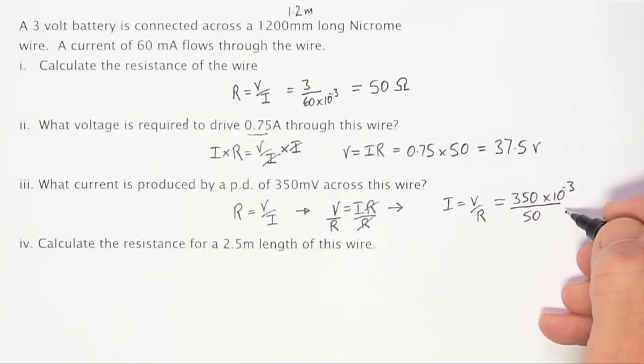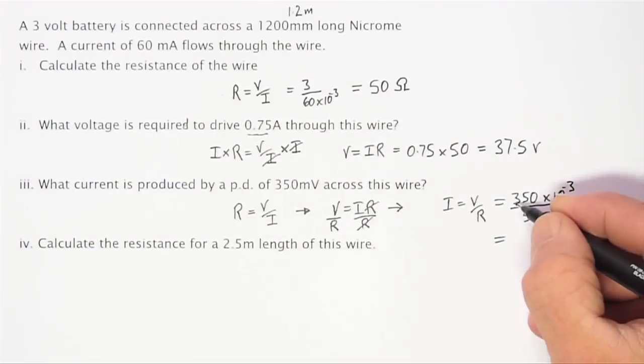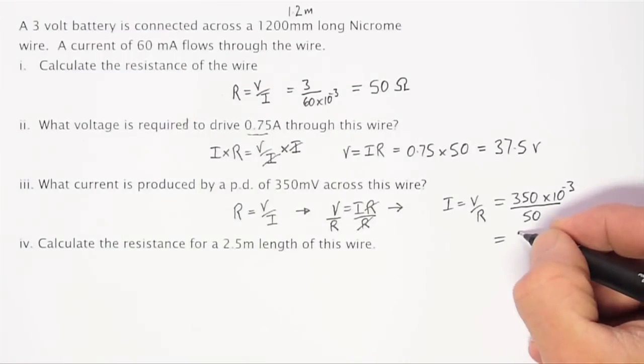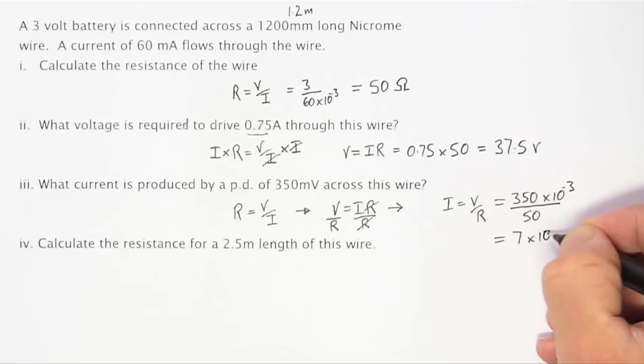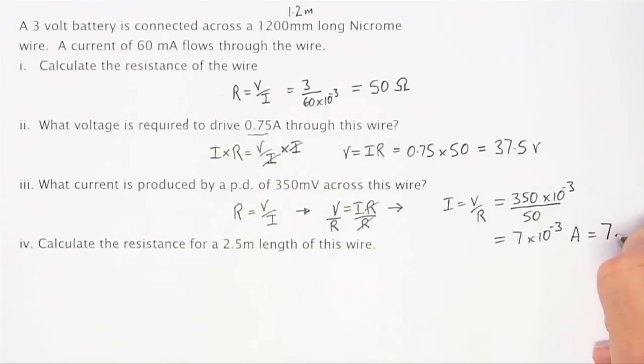Now I could use the calculator to do this one, but most of you will be able to spot that 350 divided by 50 is 7. So that gives me 7 times 10 to the minus 3, and the units are amps. It's perfectly satisfactory to leave it in that form, but we could also write it as 7 milliamps.